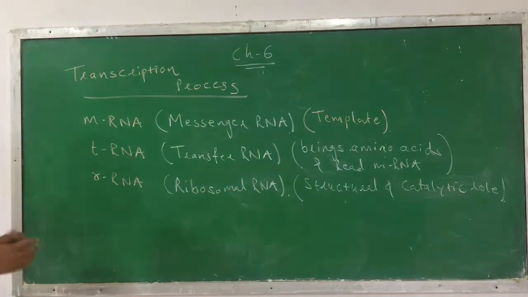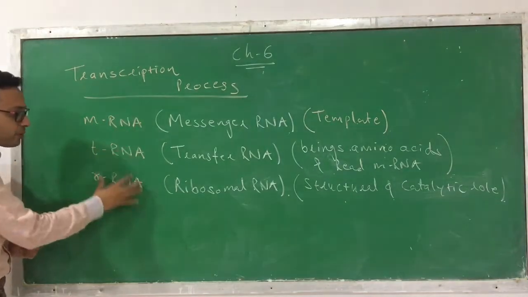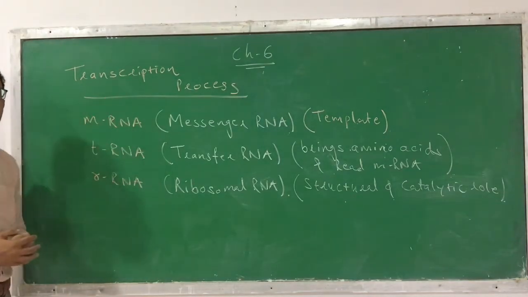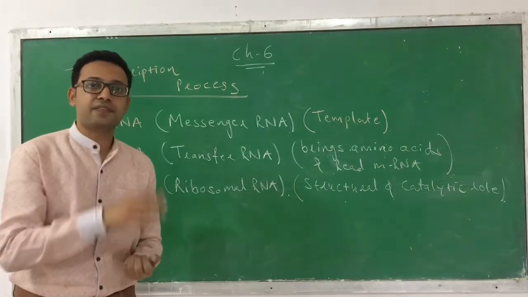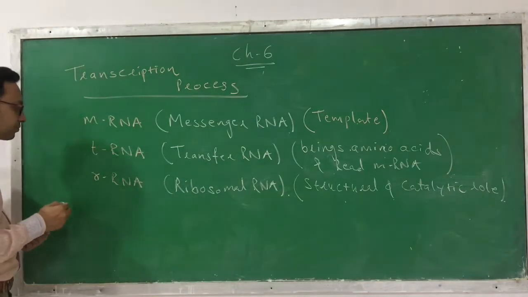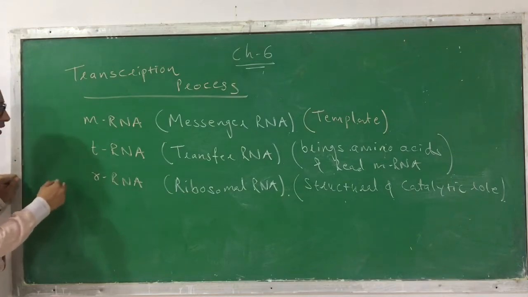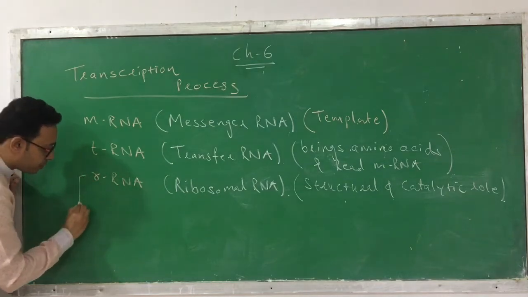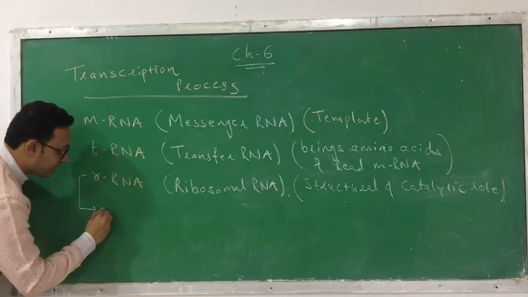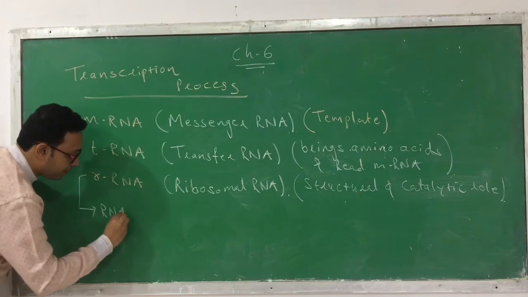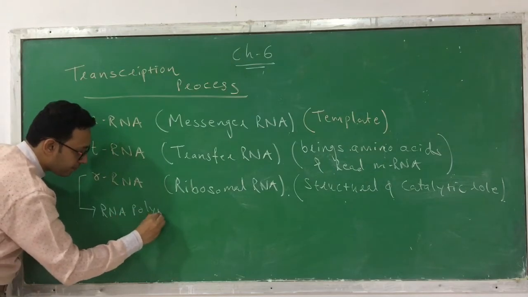So in the eukaryotic cell, all these three types of RNA are produced, but by specific enzymes. This is a difference. First of all, who produces the rRNA? rRNA is produced by the DNA dependent RNA polymerase 1 enzyme.